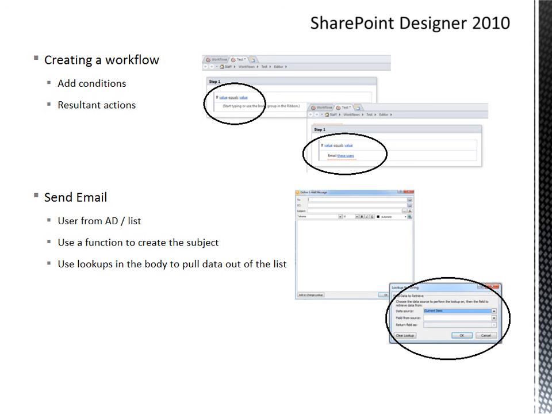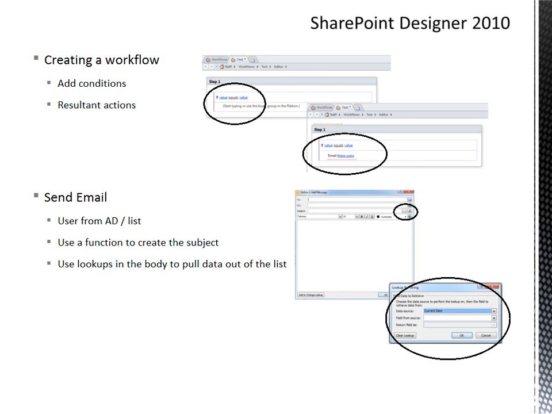It uses a small bit of code to pull that out. For the subject as well, you can see just here that we've got function buttons, so we can put functions in there as the subject of the actual email.